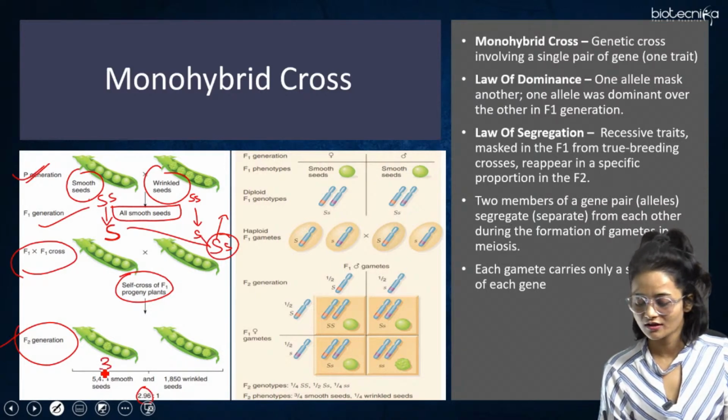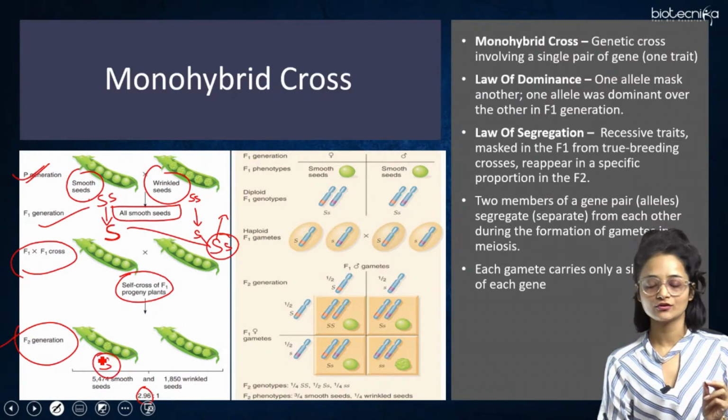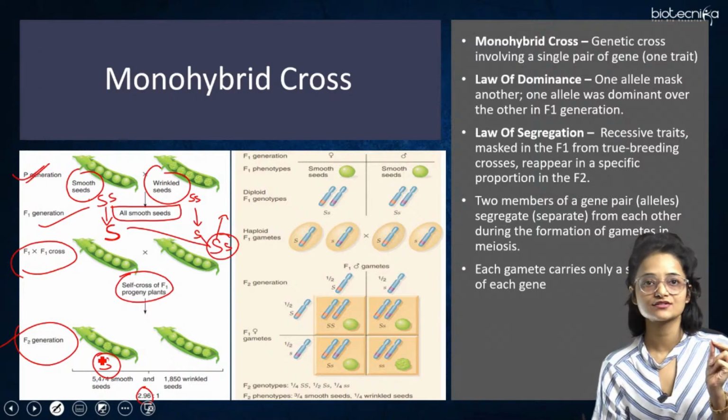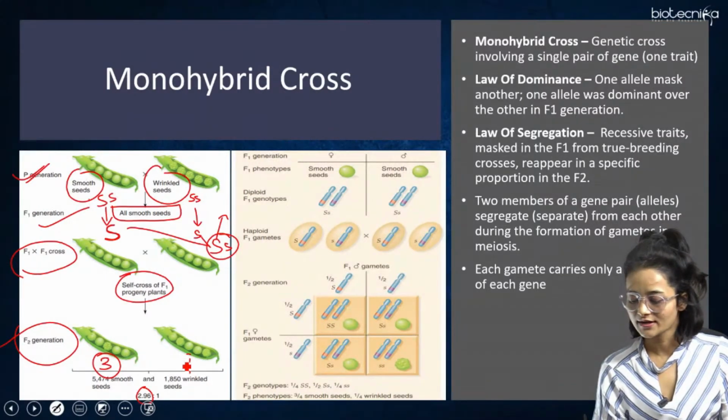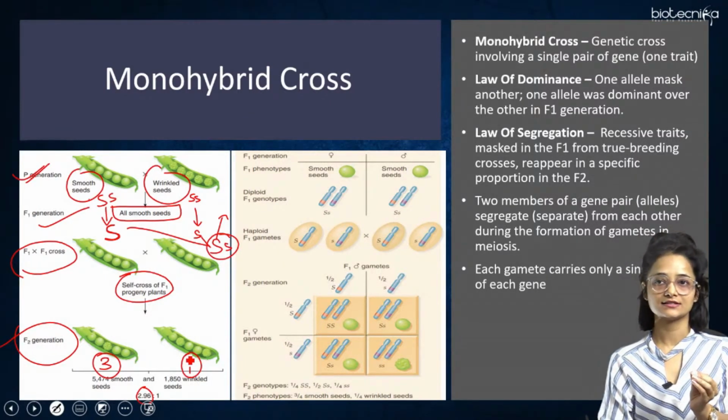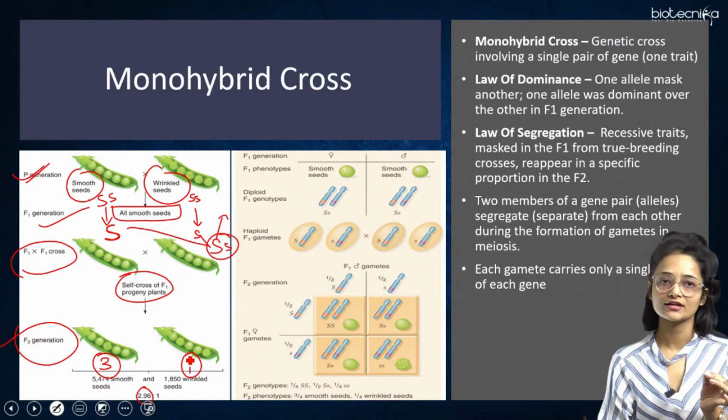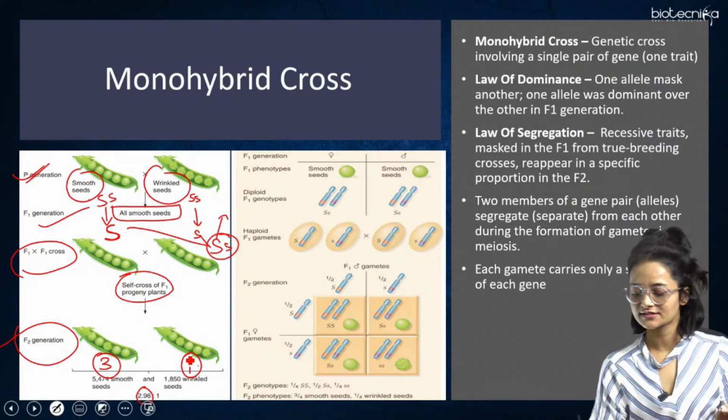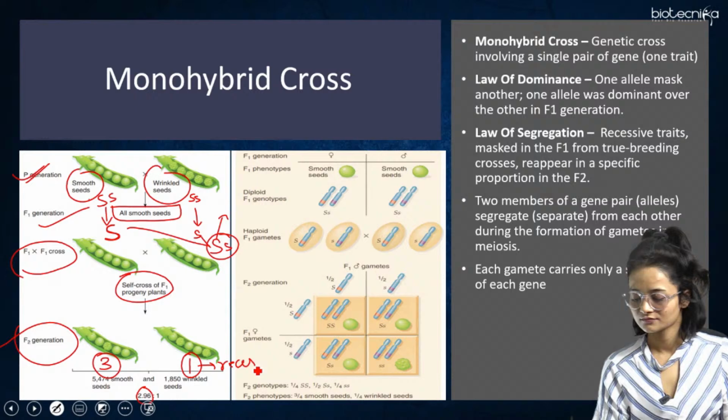So 3 are showing the same phenotype, that is the dominant one, the smooth, and one is showing the trait for the wrinkled one. So it is the recessive one, right?